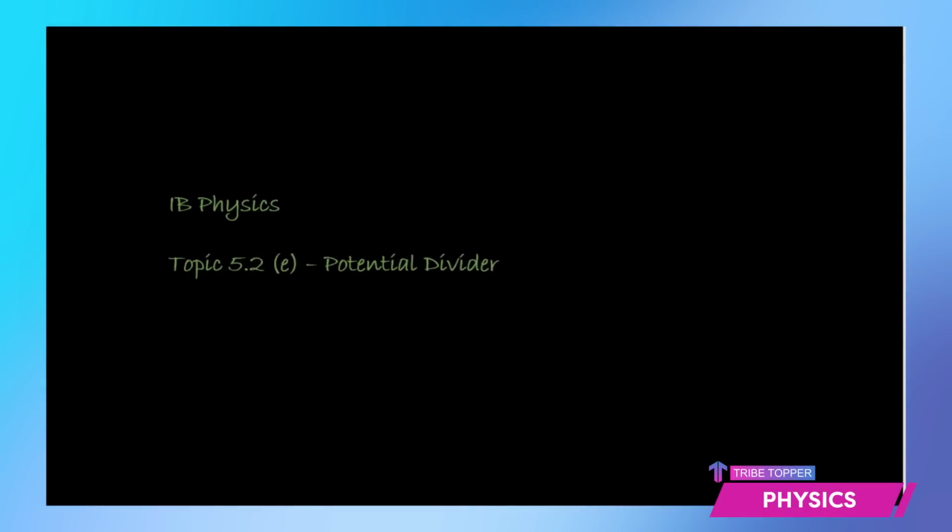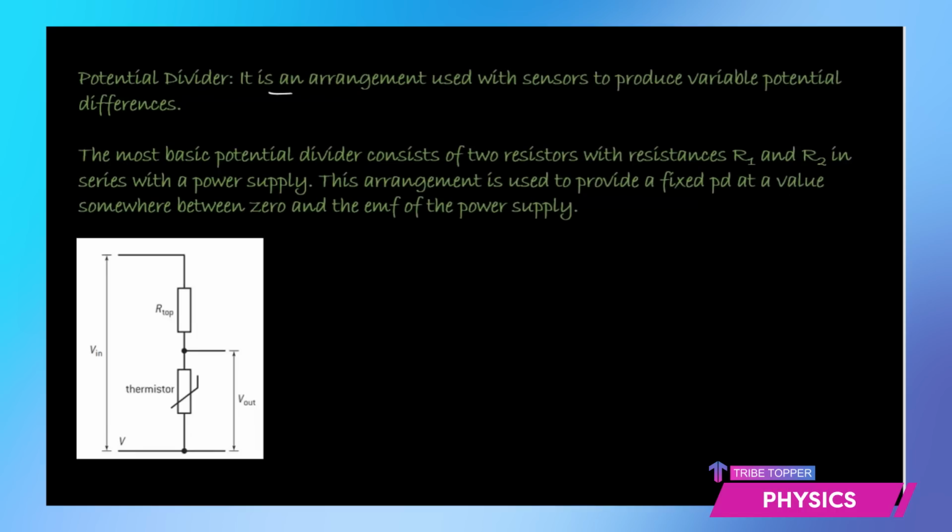In this video session, you are going to learn about potential divider. A potential divider is just an arrangement which is used with sensors to produce a variable potential difference. Like, for example, let's say we have a sensor in the automatic lights which automatically light up during the evening when it's dark.